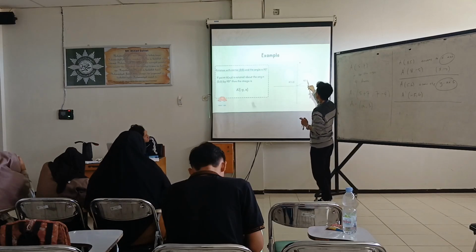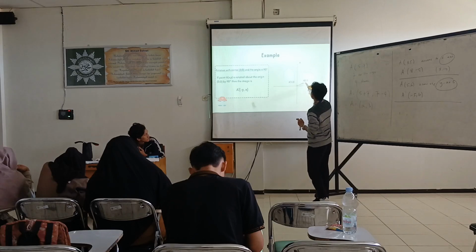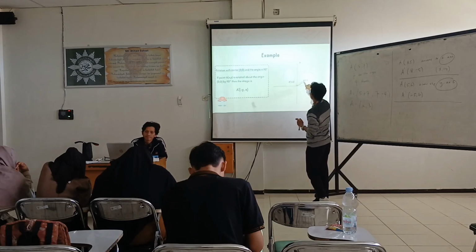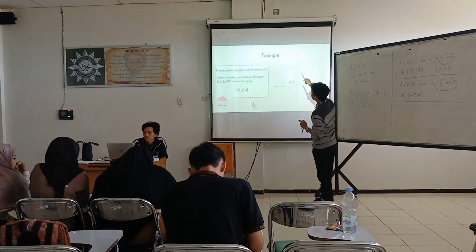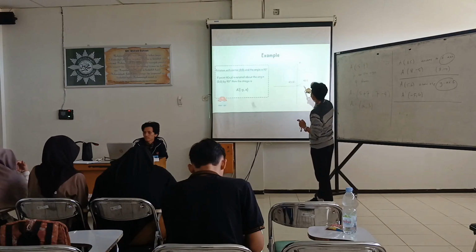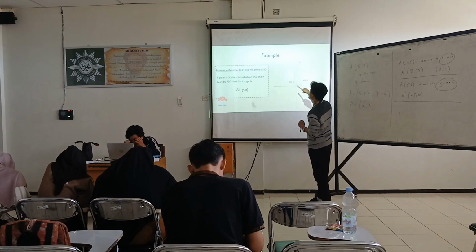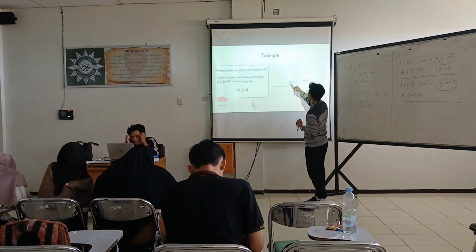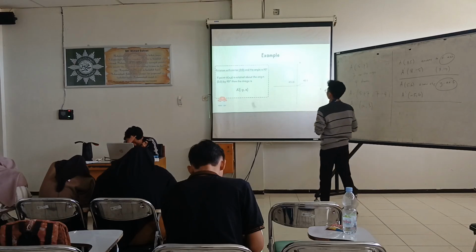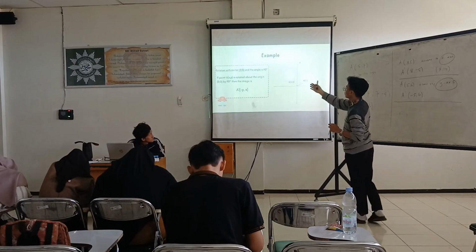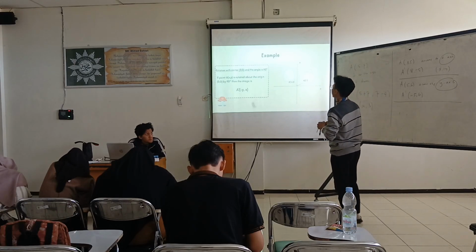So we have the rotation of this object from point A to A'. After we rotate this from center (0,0) and the angle is 90 degrees, we have the coordinates (-1, 2). We need to remember this formula of rotation.